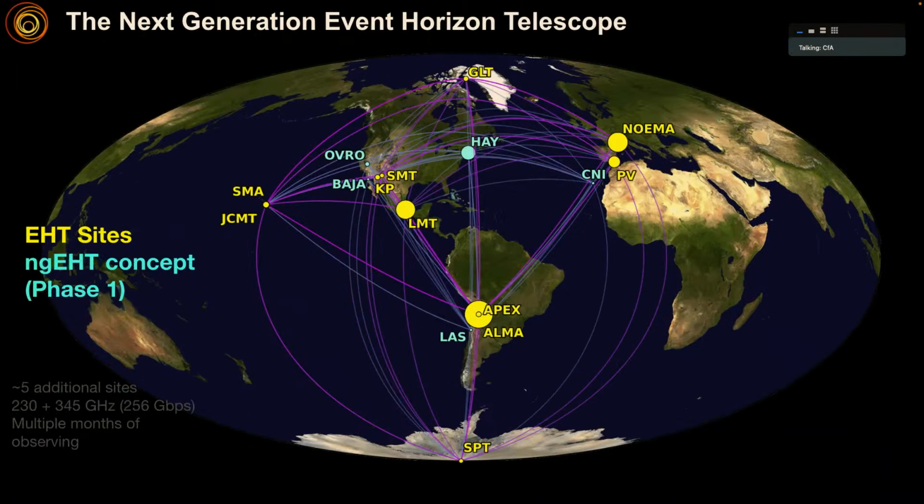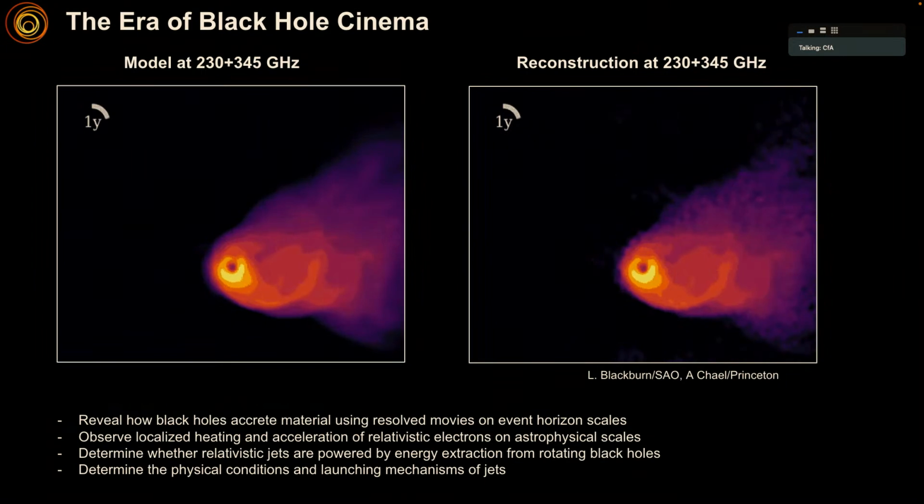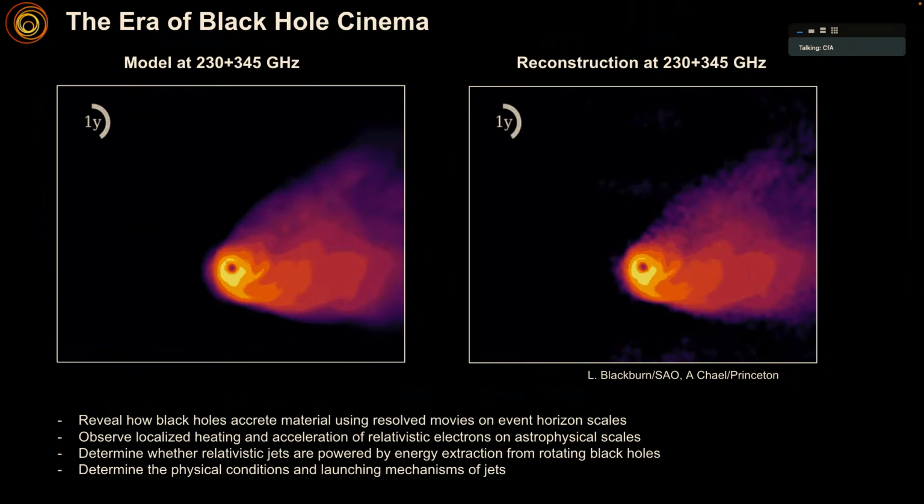So the next generation Event Horizon Telescope project, led out here at the CFA by Shep Doeleman, is an ambitious expansion project for the EHT to add up to 10 new dishes at different frequencies at strategic locations in order to pick out this faint emission in M87 and Sag A star and eventually take us into the era of black hole cinema. So we want to observe more often to create movies of black holes.